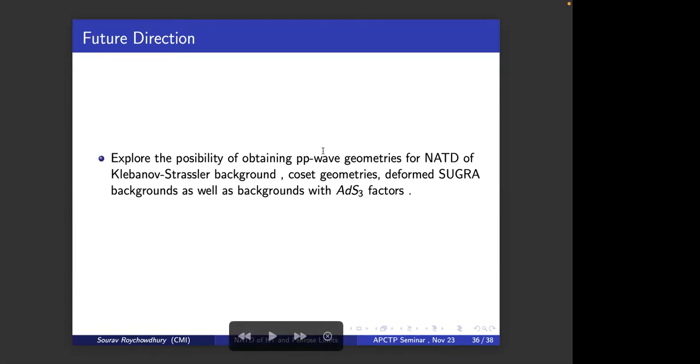In our present work, Prashanta and I are trying to get some PP-wave geometry in a lambda deformed background. We are exploring first whether any PP-wave geometry is admitted in the lambda deformed background, and whether at the PP-wave limit the metric or any background field still depends on the lambda parameter.